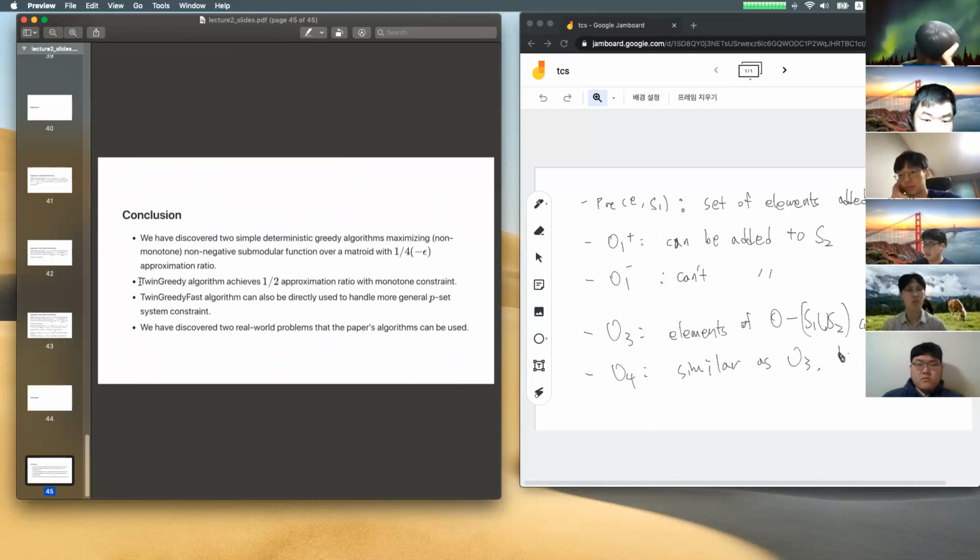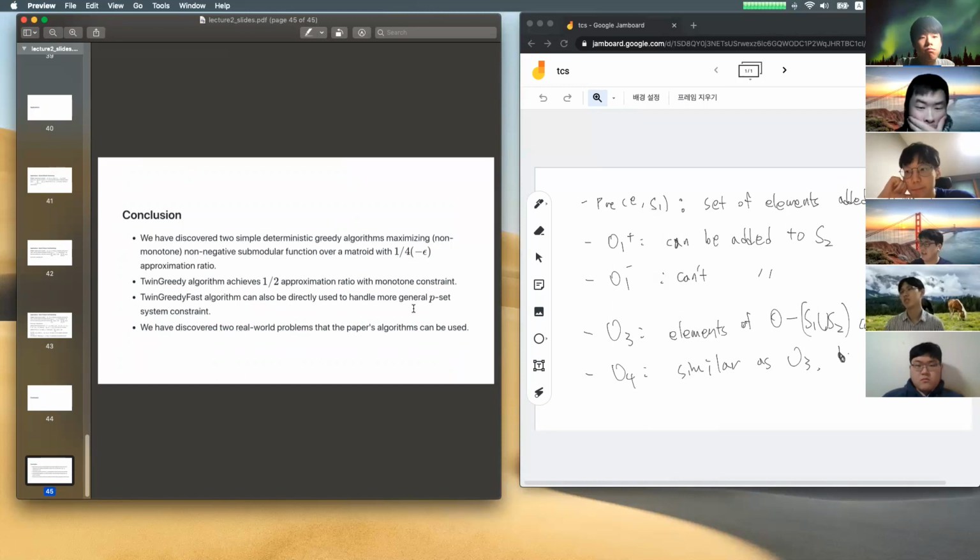We also saw two extensions of the algorithm, where the first one, with monotone constraints, gives better performance, and the second one can be used in a p-set system. And we also saw two real world problems where the paper's algorithms can be used.